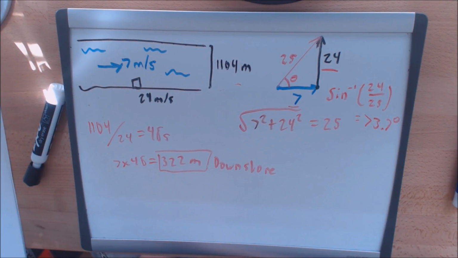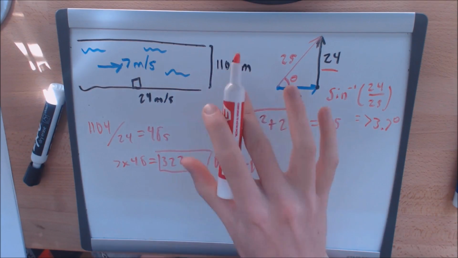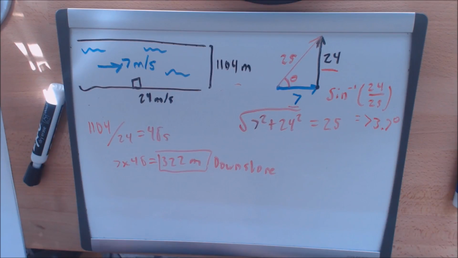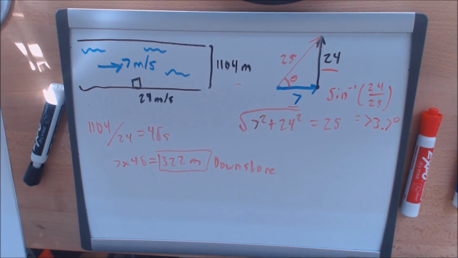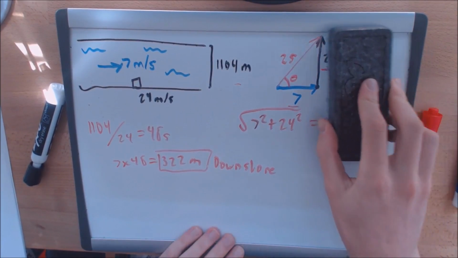Next question is, what angle would you have to point the boat so you could land directly across? So for this, I'm going to erase some of this so we have room.